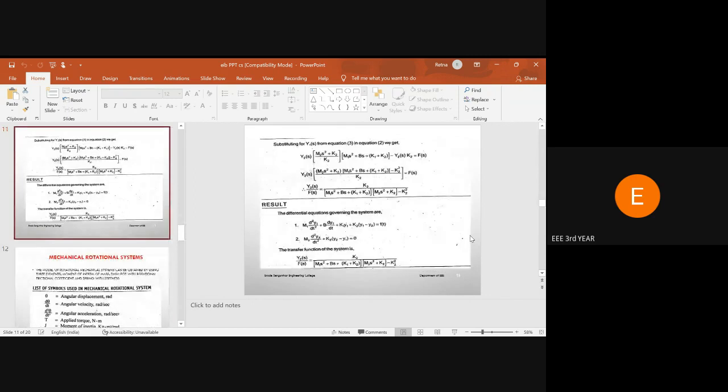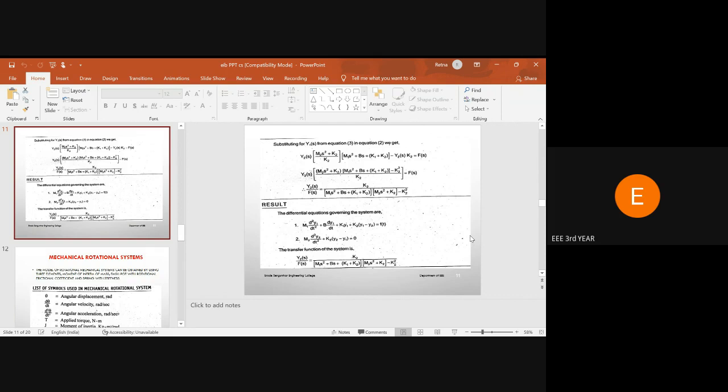Next, substituting for Y1 of s from equation number 3 in equation number 2, we get Y2 of s into m2 s square plus k2 divided by k2 into m1 s square plus bs plus k1 plus k2 minus Y2 of s k2 equals F of s.